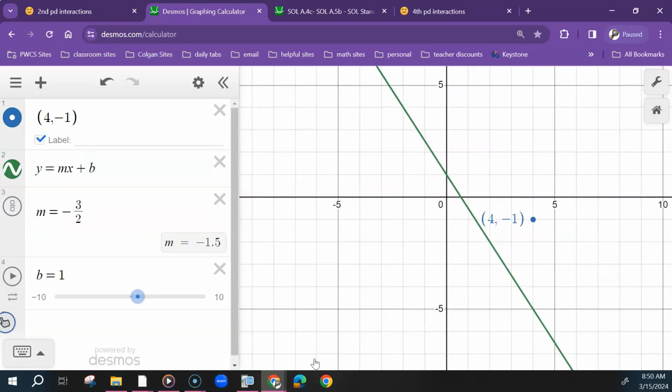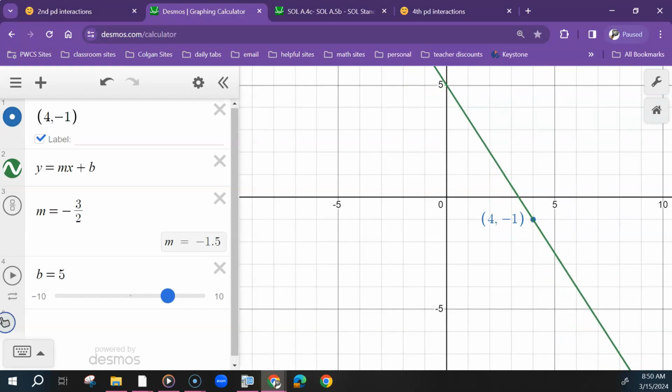Then I can either hit play or move the b value until it goes through that point. So then your equation would be y equals -3/2x. Questions there?